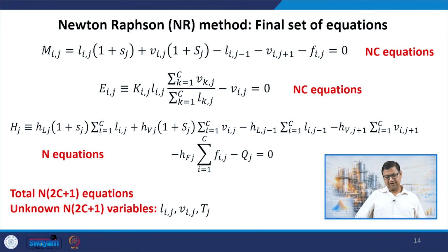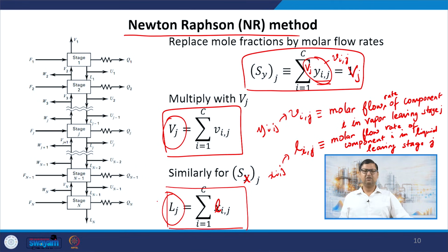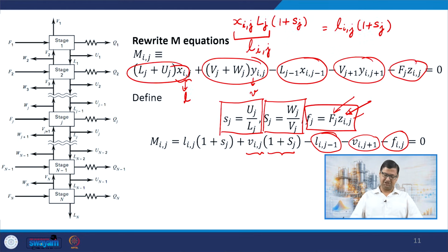So now we have this final set of equations. I already have used the S equations in my very first step to basically rewrite the equation in terms of the vapor and liquid flow rates. And since I have eliminated the Vj and Lj in the equation, I don't worry about these equations anymore, because wherever the variables capital Vj and small Lj were appearing, I have replaced them by this summation, right.